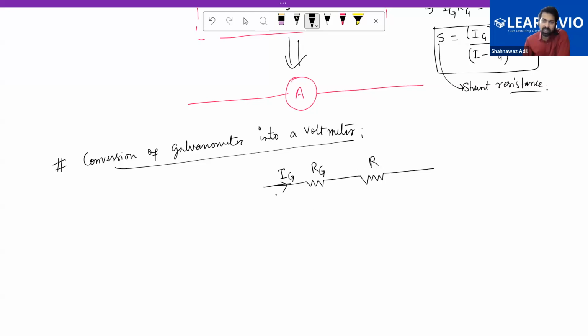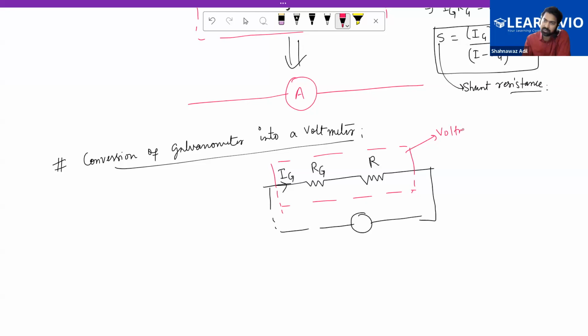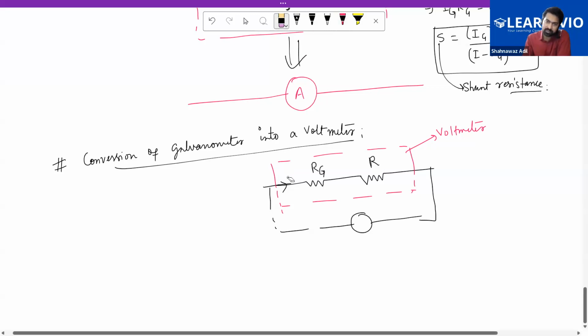That thing you connect in parallel. Let's say you want the voltage of this device. This is what we call the load, and you connect the voltmeter parallel to it, so the voltage of this device can be measured. Let's say current I is passing.